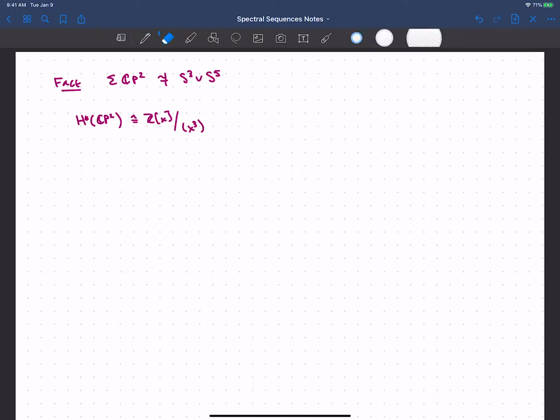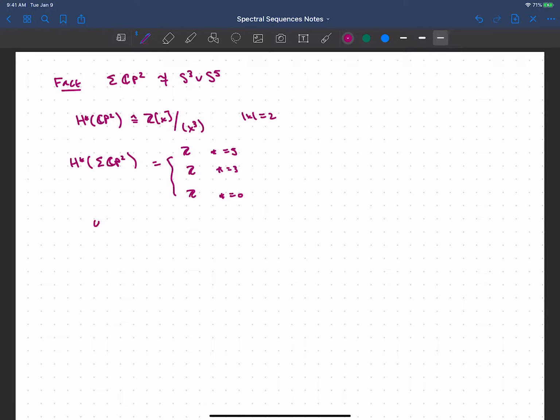So that's Z adjoin x mod x cubed, and now that x is in degree 2. Okay, so when I look at the cohomology of the suspension, I'm just going to have my Z in degree 0. It's connected. I've got a Z in degree 3 and a Z in degree 5, and that's it.